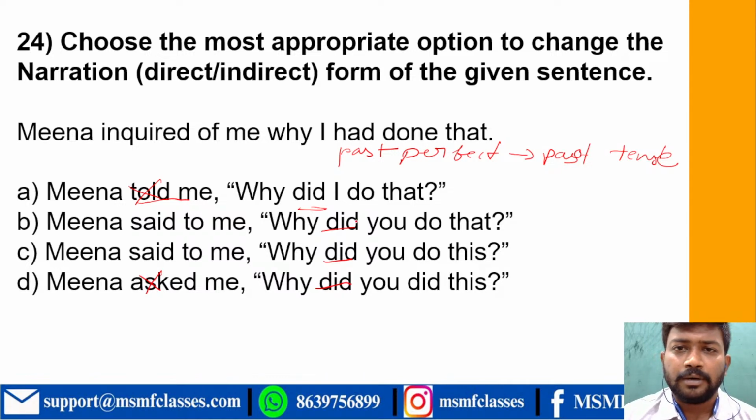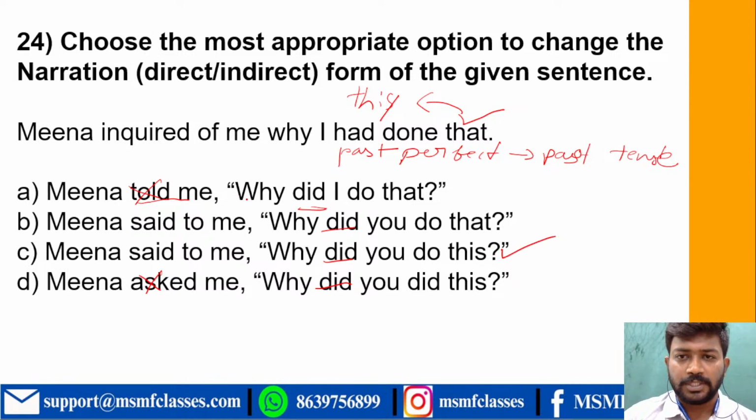Now in the indirect speech, they have used the word that, and in the direct speech it must be changed into this. So in that case, we have only one option here, that is option C. Meena said to me, why did you do this? Of course, you know it very well. In direct speech, if it is this, it changes to that in indirect speech.